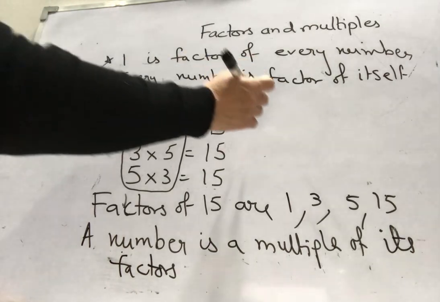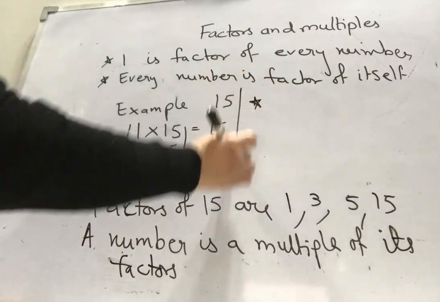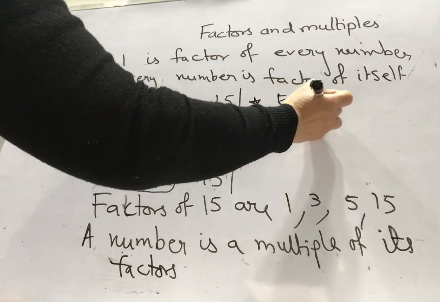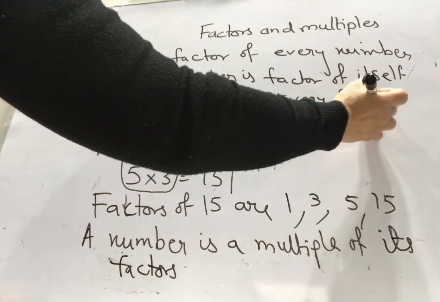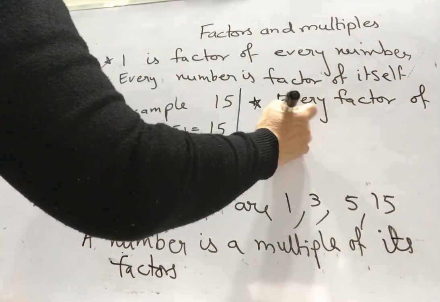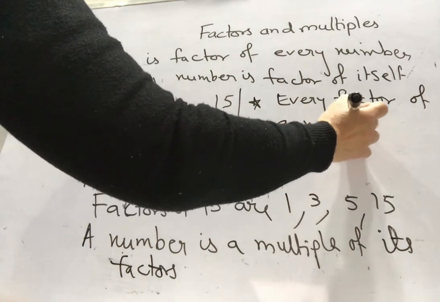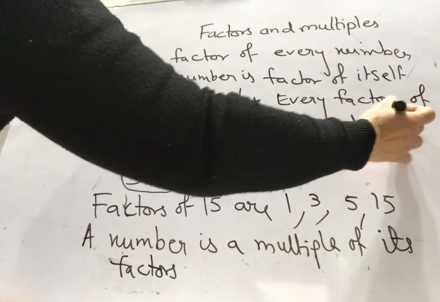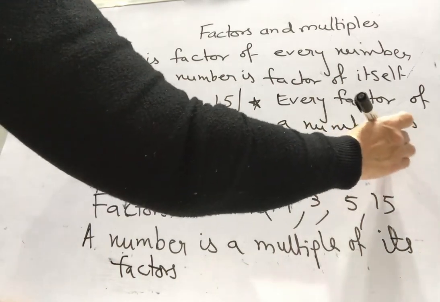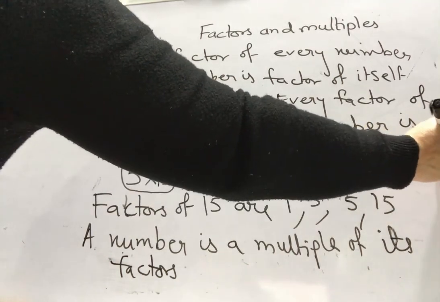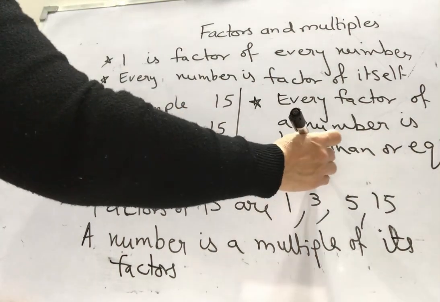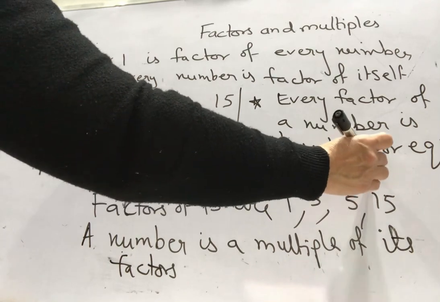So we can also write, looking at this example, that every factor of a number is less than or equal to the given number.